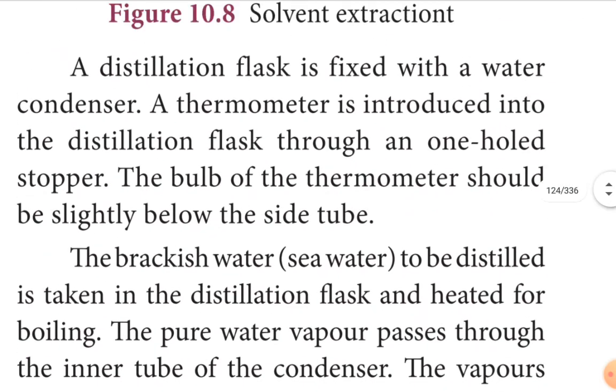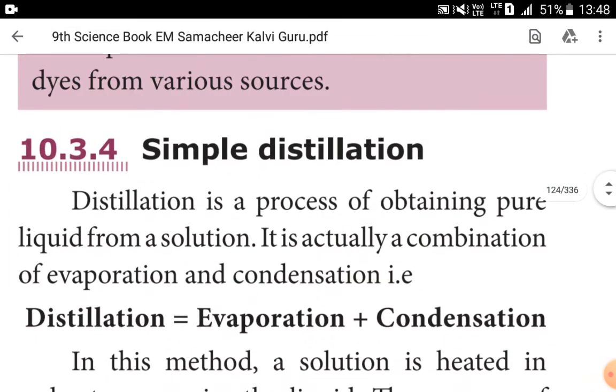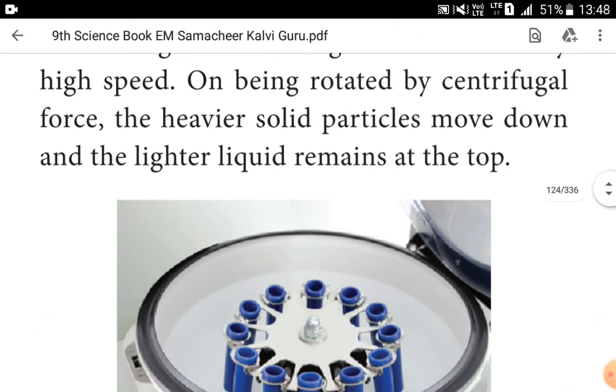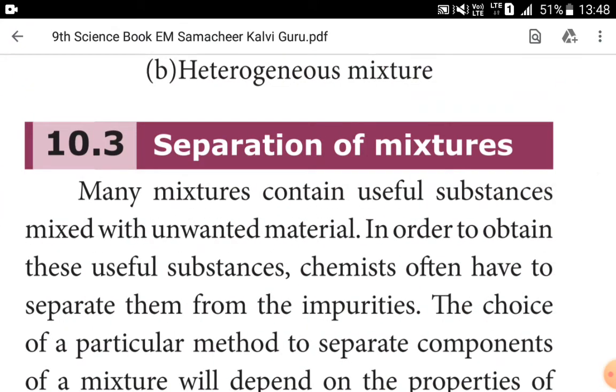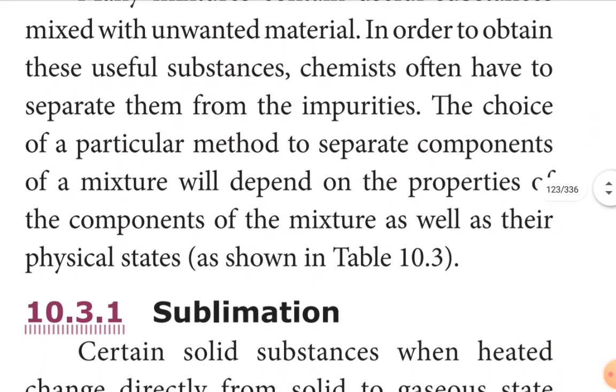So my dear students, you have to go through what all we revised now. Those topics you have to see again. First we learned about the separation of mixtures. It is a method to differentiate useful substances from unwanted material. There are different methods based on their properties.